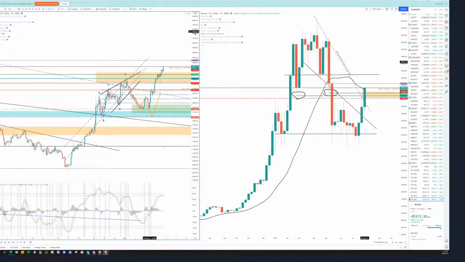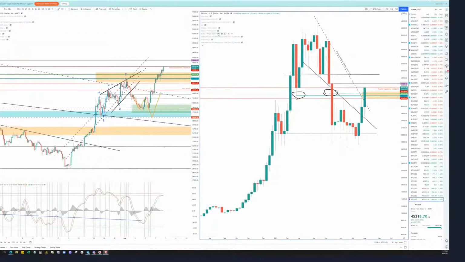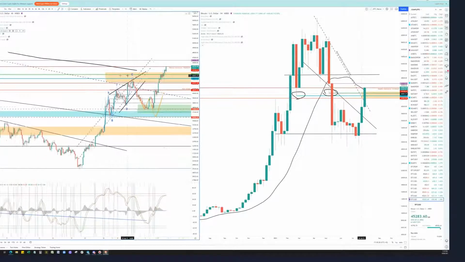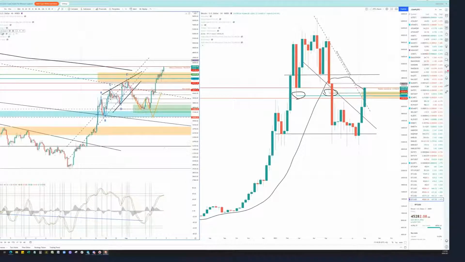20 weekly moving average. Should have the same color. So we look like we've broken the 20 weekly moving average. Where is the 200 moving average?